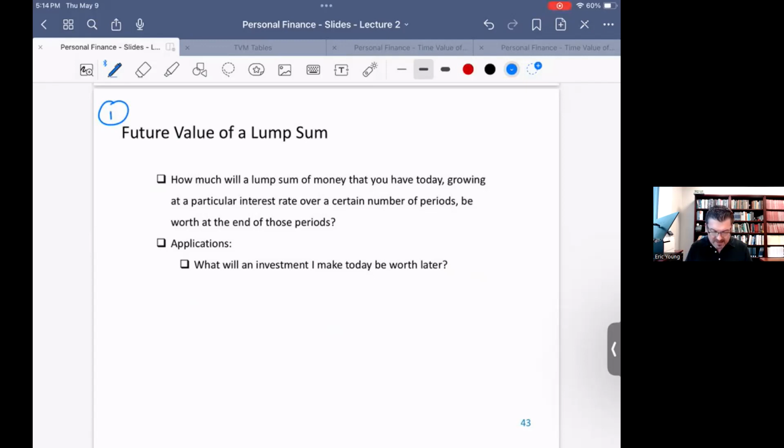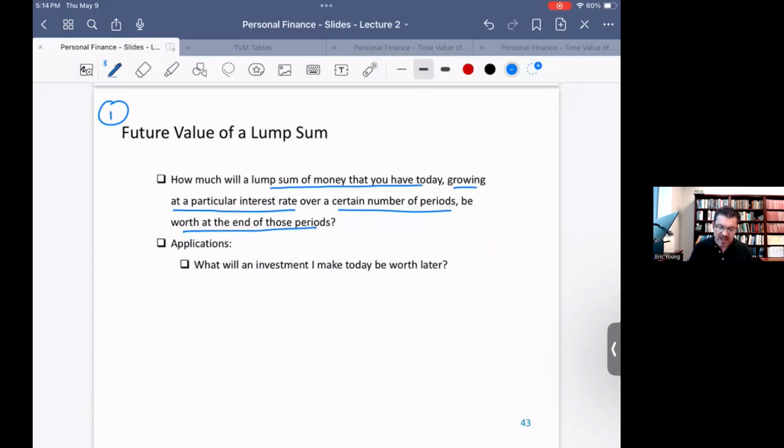Here's what this is saying. If you have a lump sum of money today, assuming that it's going to grow at a particular interest rate over a certain number of periods, how much will it be worth at the end of those periods?